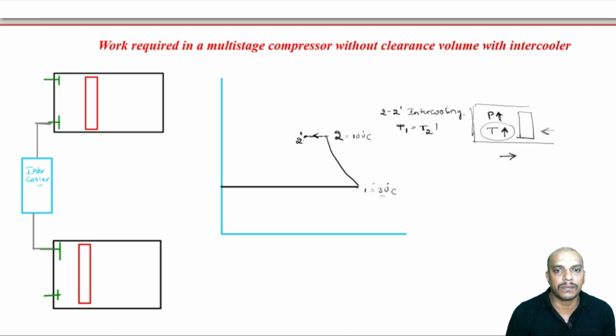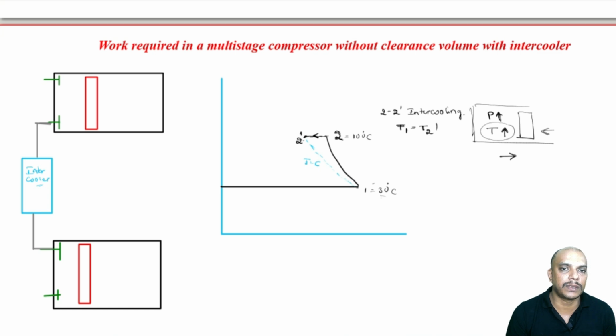So if the intercooler is perfect, I can join this, just to show it, by an isothermal line. What is an isothermal line doing here? We just want to show that T1 is equal to T2 dash. So this is a constant temperature line. That has nothing to do with this process actually.